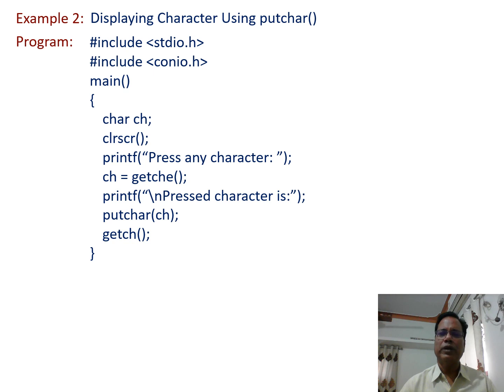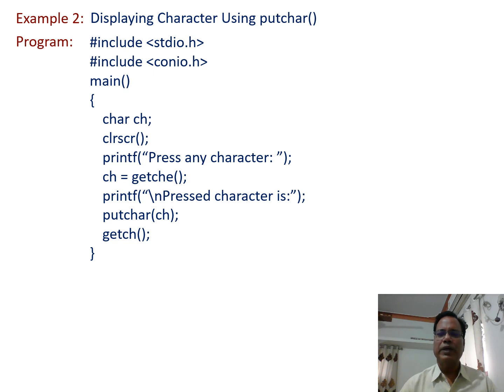So what should be done? For that, a message is printed on the output screen, whereby we come to know that we have to enter a character. When a character is entered from the keyboard, that character is taken in and stored in the character variable ch by the function getche.